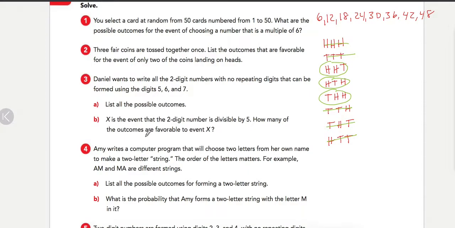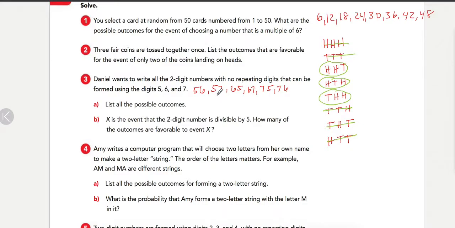Number 3, Daniel wants to write all the 2-digit numbers with no repeating digits that can be formed using the digits 5, 6, and 7. So we're just doing 2-digit numbers. So we can have 56, 57, 65, 67, 75, and 76.